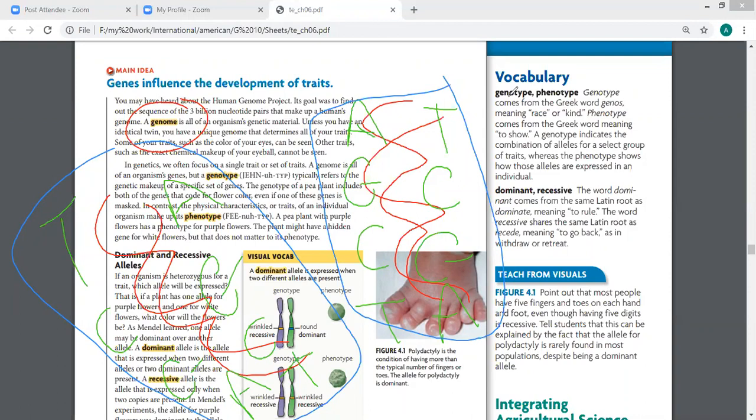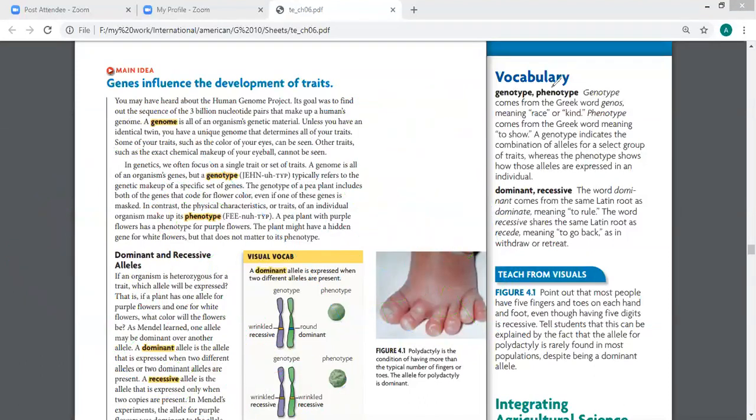And this project is applied on animals to save them from extinction. So you must know the meaning of genome: genome is all the genetic materials you have.